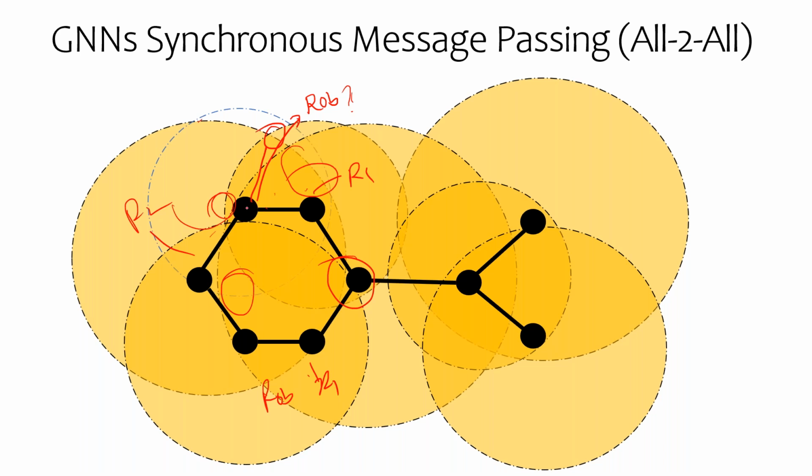If I have a node here, I can get the information from all of these nodes. That's what a neighboring node is, and the node collects the information from its neighboring nodes. Okay.